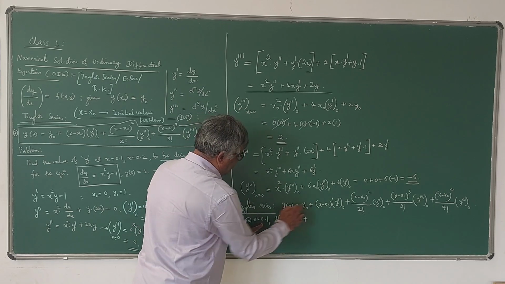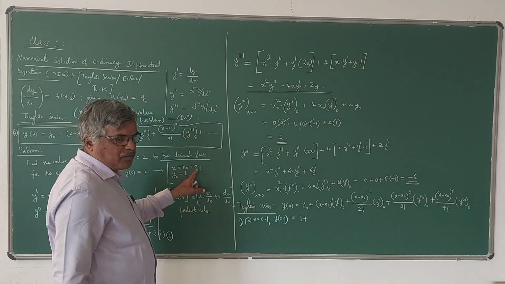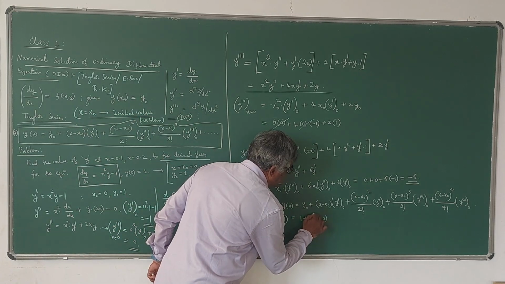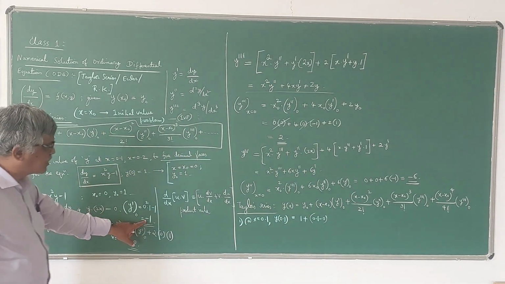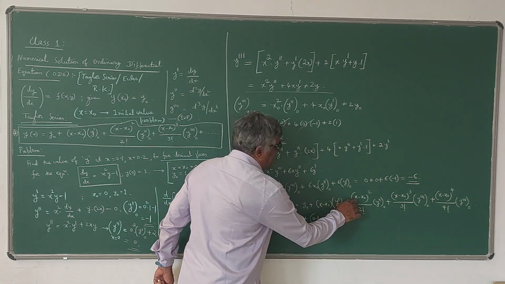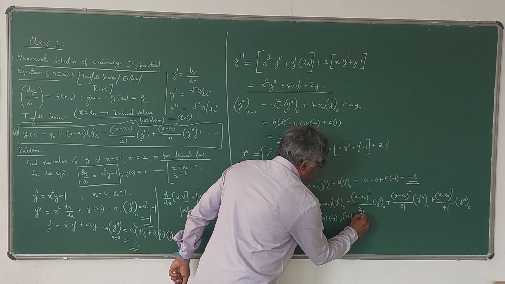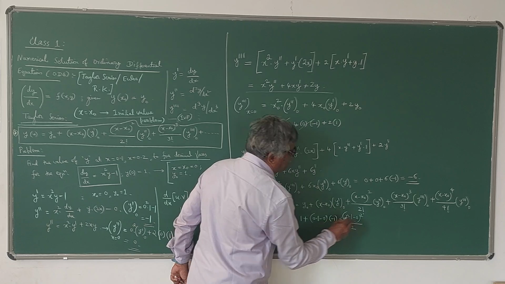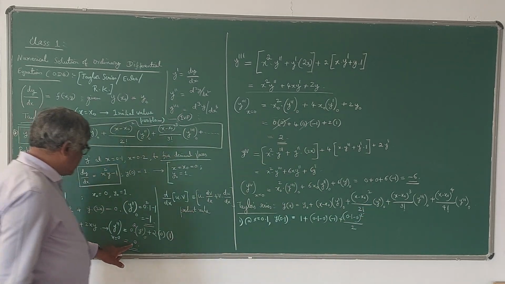Please note that wherever x is there you put 0.1, wherever x naught is there you put 0. So plus 0.1 minus 0 into y dash of 0, we have got the value as minus 1. So this becomes minus 1 plus x is once again 0.1 minus x naught is 0 whole square divided by 2 factorial, which is 2 into 1, that is 2 itself, into y double dash 0. Y double dash 0 we have got as 0.